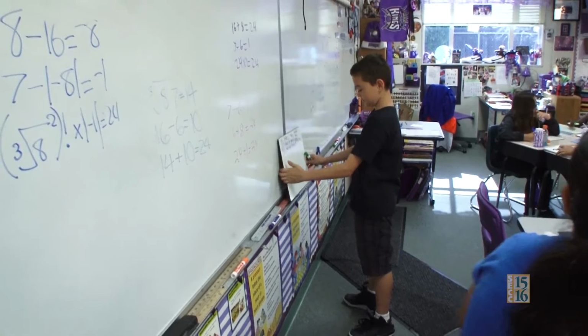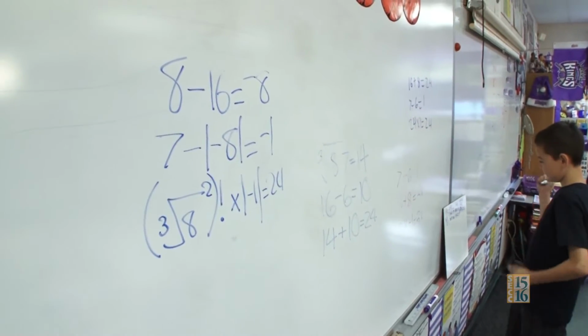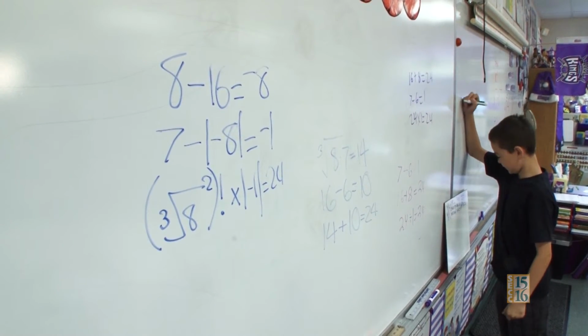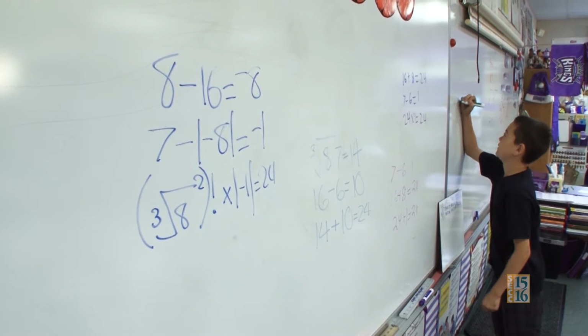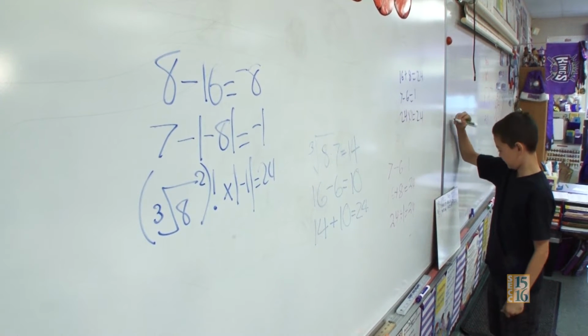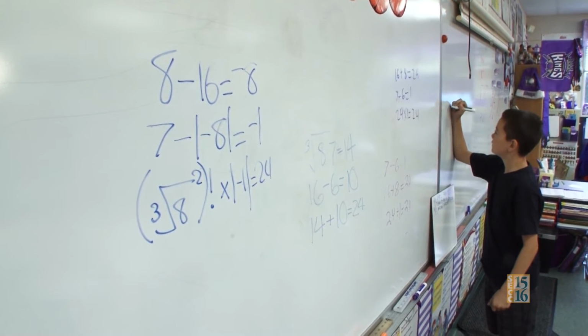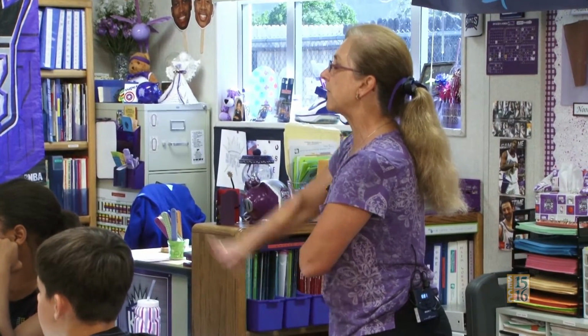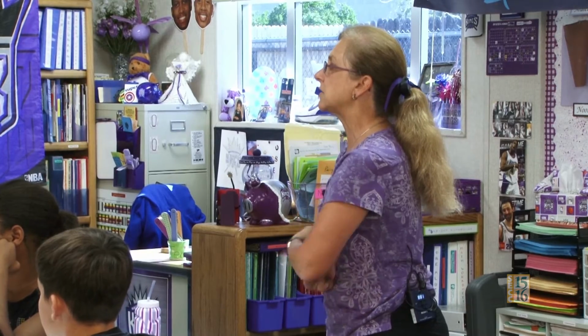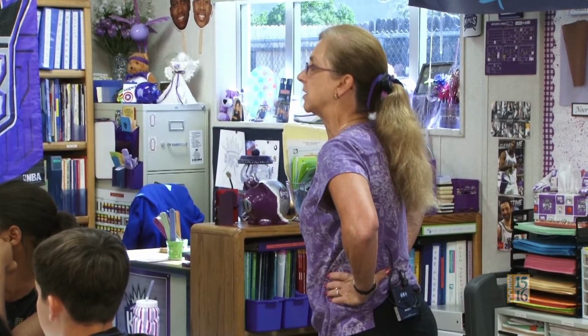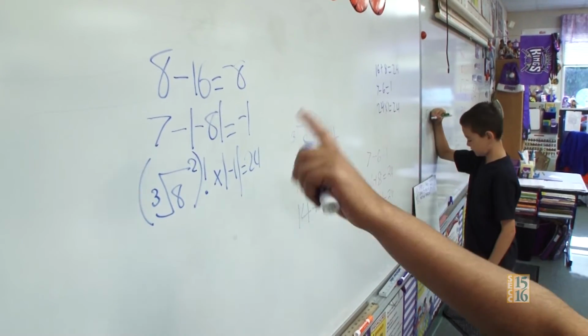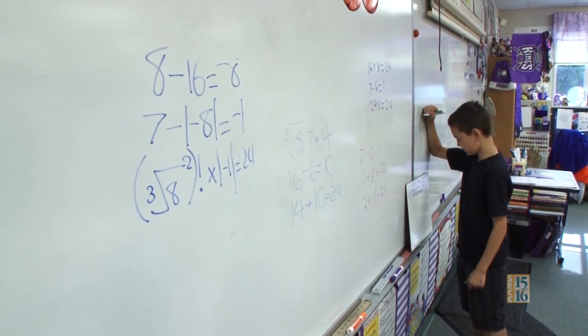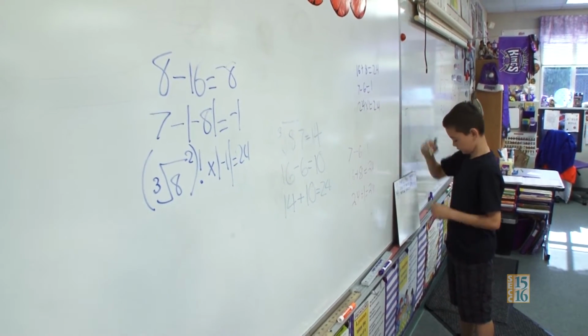Oh my goodness. 8 minus 16 is a negative 8. 7 minus the absolute value of a negative 8 is a negative 1. Holy Toledo. Okay, wait. Come back. Jasmine, what am I going to do first? The cube root. Okay, then put the cubed root in parentheses.